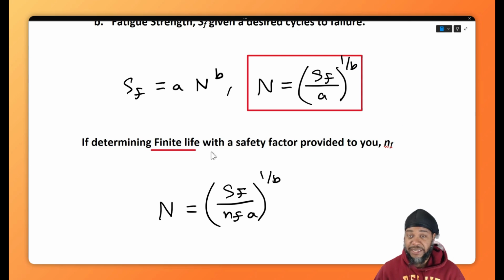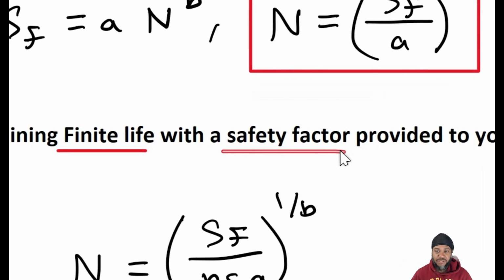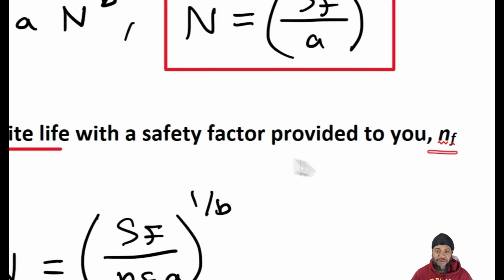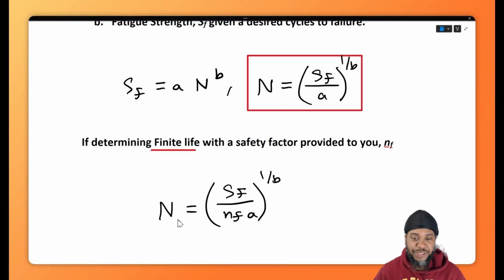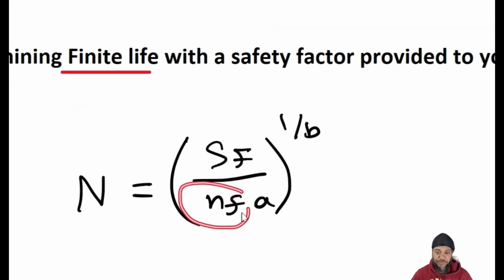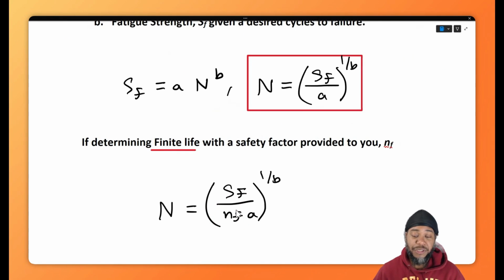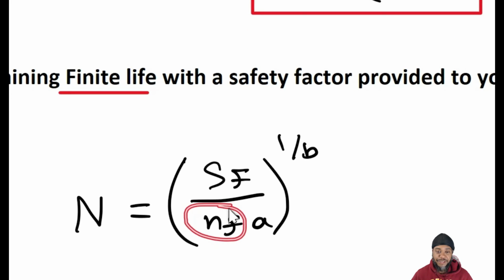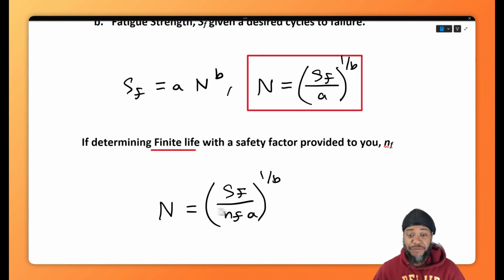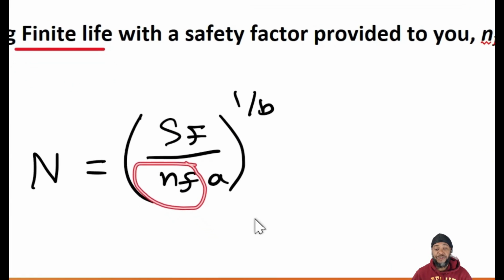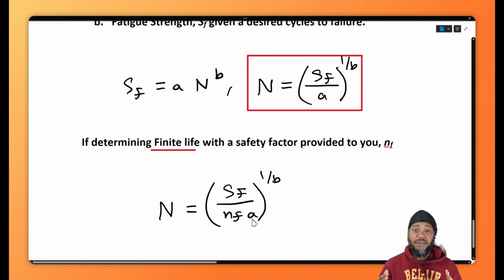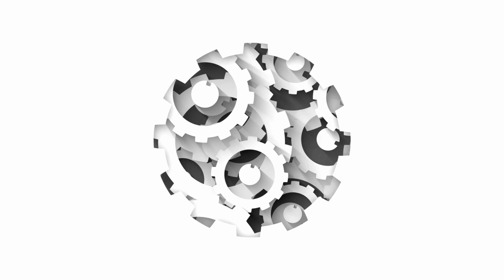So if determining finite life and we want to apply some safety factor to our design, then we can add that safety factor NF in the following form, where if say we're given a stress amplitude, but it needs a safety factor of 2, then we'll simply put it in the denominator here, and that will knock down the number of cycles that we have available due to that additional safety within our design, right? So with that said, we've got the basis of how to solve a fully reversed fatigue problem.